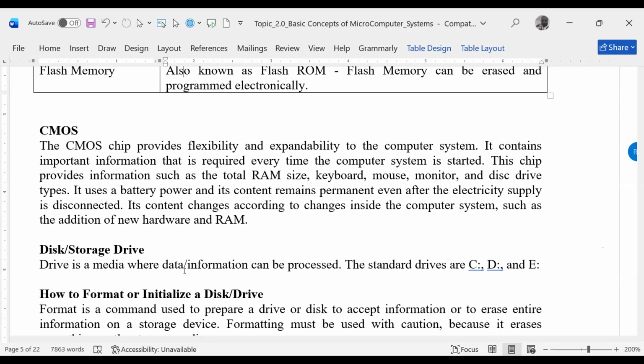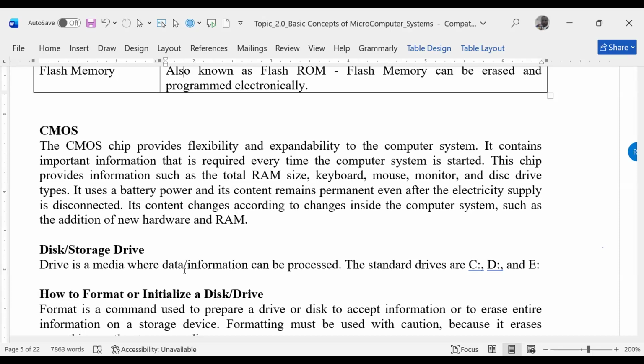CMOS chips contain programs that can be used to upgrade your computer system, and to justify compatibility of your computer system with another system or device. So if your computer can be connected to any device, it's the job of the CMOS. If your computer can be upgraded, expanded, it's the job of the CMOS.